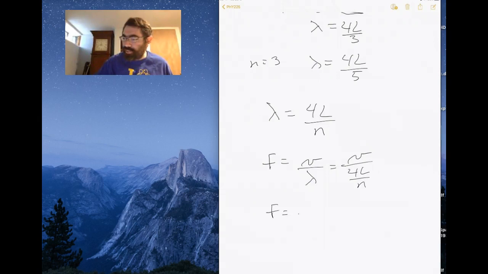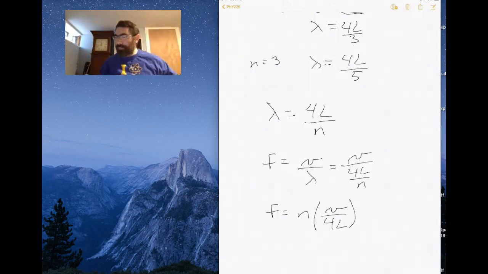So our frequency is the number of loops times speed divided by 4 times the length. Which looks a lot like what we had before for the 2-ended open pipe, except now we have an extra 1/2 in there.